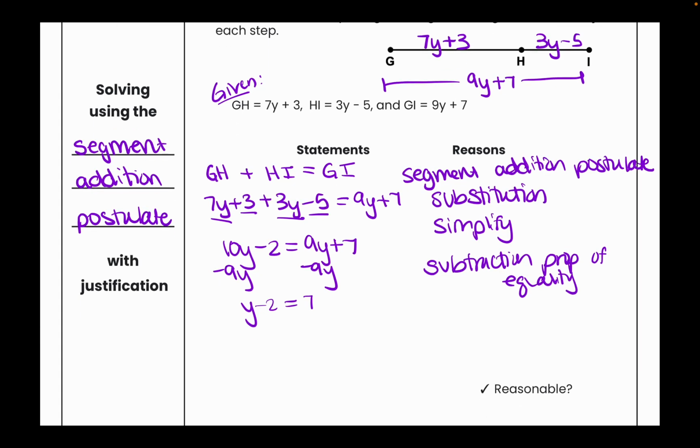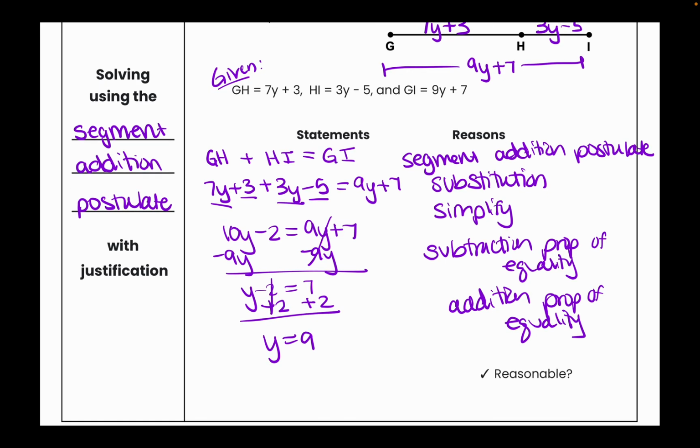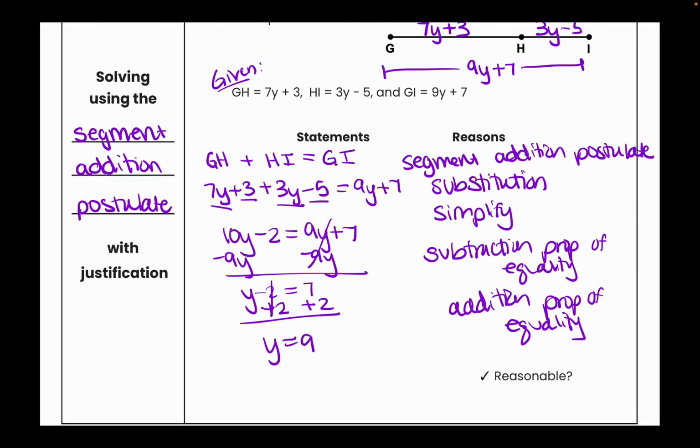Then we're going to add 2 to both sides. We get y is equal to 9. That was the addition property of equality. So now we know that y equals 9.